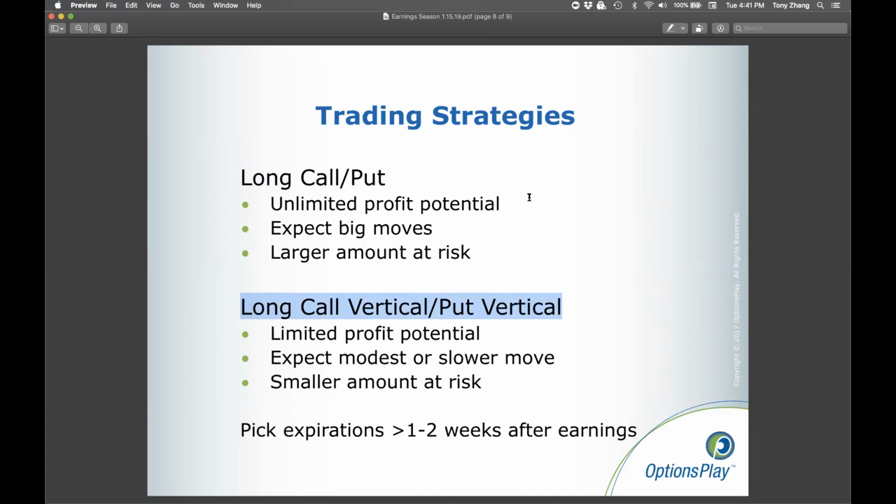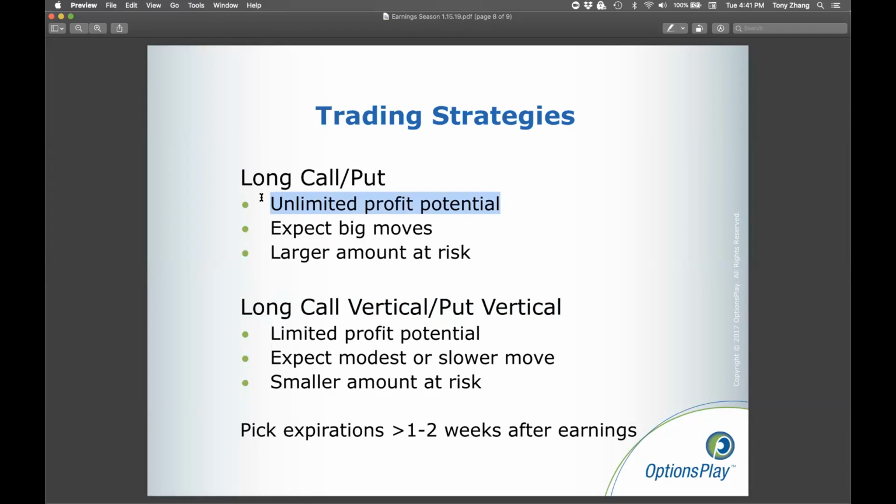So for long calls or puts, this strategy is characterized by unlimited profit potential. This is really a lot of times what you're looking for when you're trading earnings, because you expect a large, big move. Sometimes that move can be quite large. So you want to be able to have that unlimited profit potential, and buying a call or a put really gives you that.